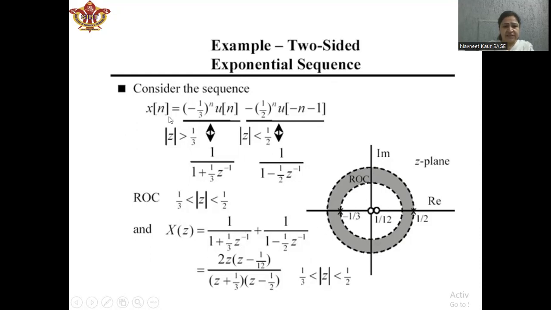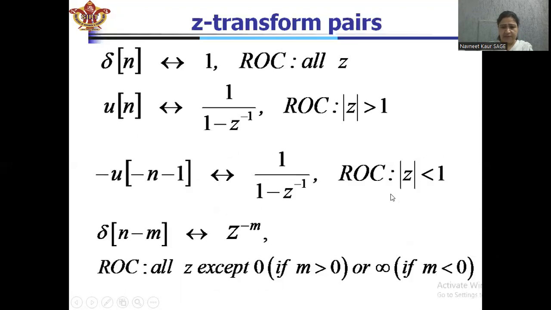So z greater than 1 by 3 means the region outside the circle of z equal to 1 by 3, and z less than half is the region inside the circle of z equal to half. So the common region will be the ring between 1 by 3 and 1 by 2. So the ROC will be the region of z which is greater than 1 by 3 and less than 1 by 2. This will be the ROC of the two-sided exponential sequence.